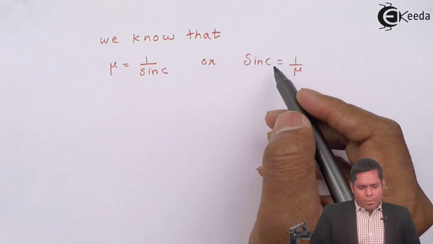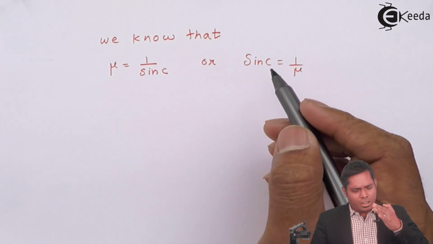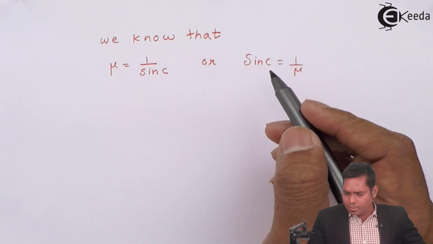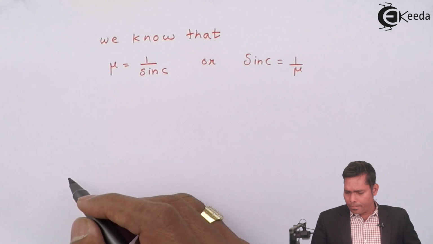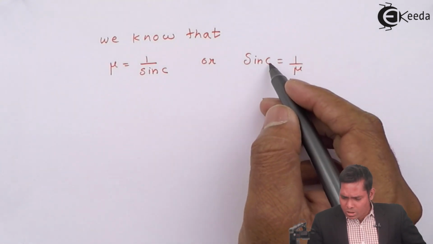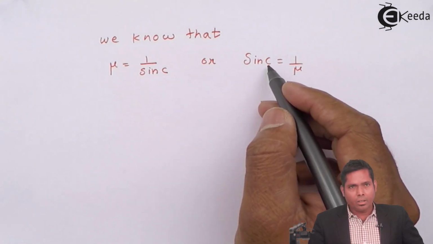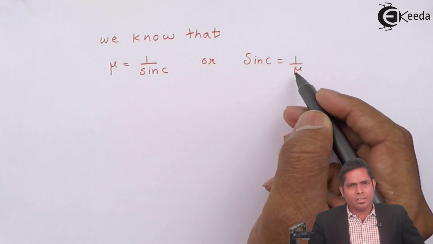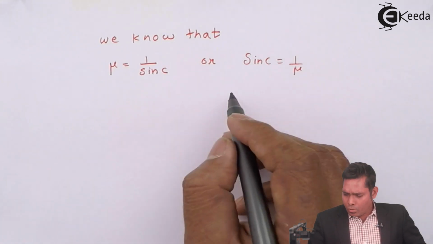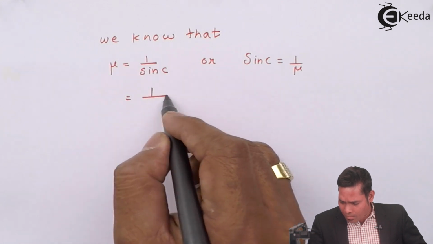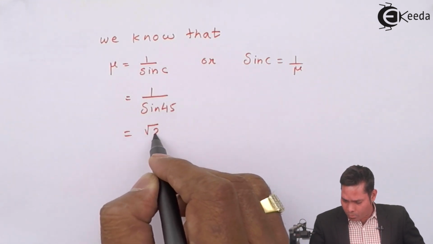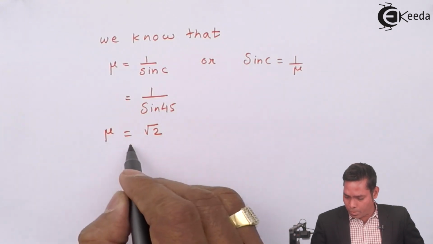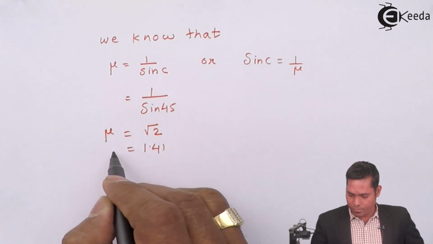Here, if I consider 45 degree as the critical angle, this 45, then corresponding to this C as 45 degree, what refractive index are we having? So from here I write 1 upon sine 45, which is equal to root of 2. So mu comes out to be root of 2, that is 1.41.